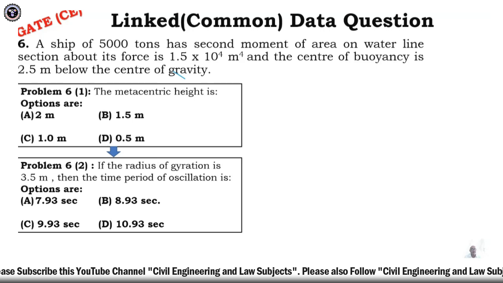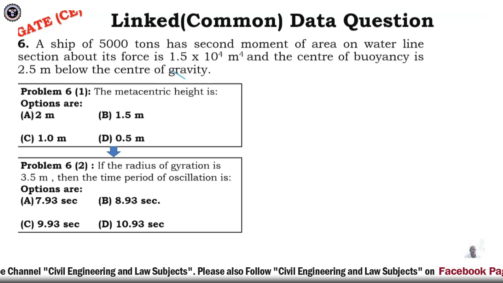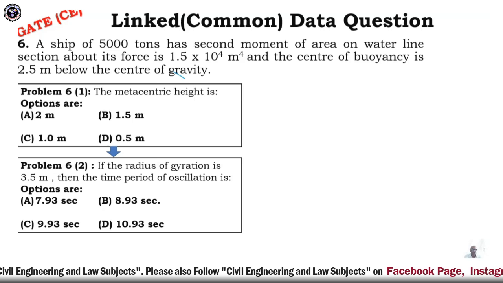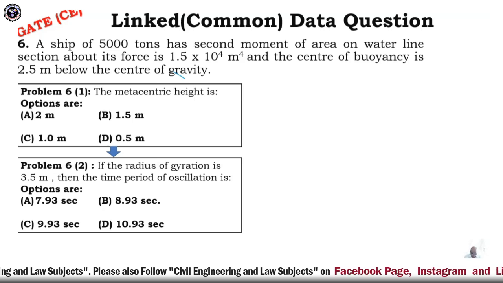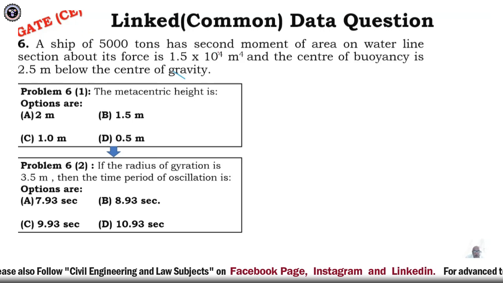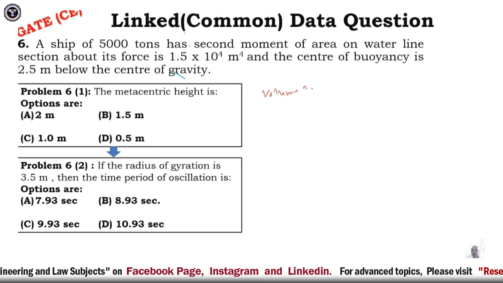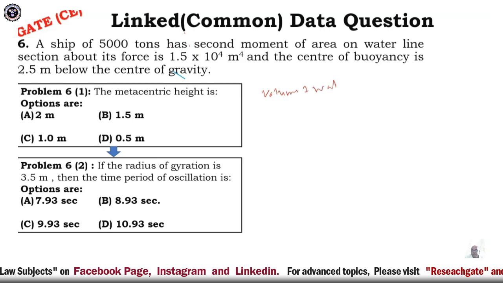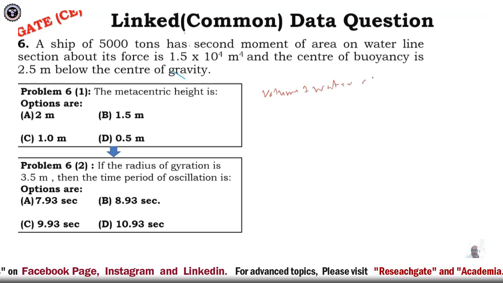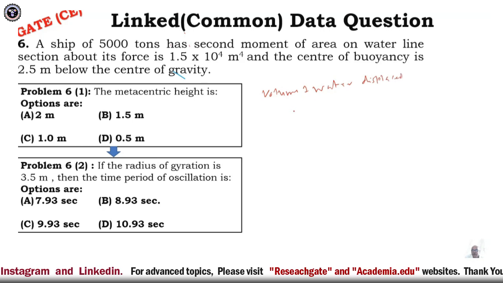So the metacentric height options are A 2 meter, B is 1.5 meter, C is 1 meter and D is 0.5 meter. So let us find out first the volume of water displaced.